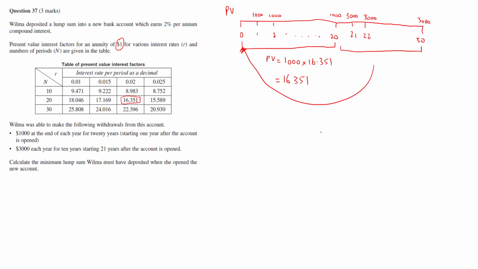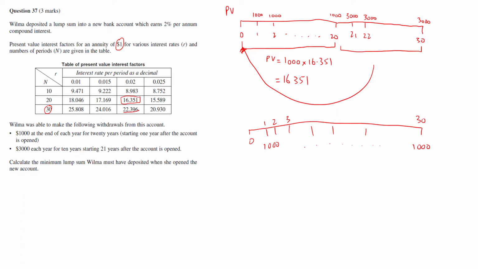To do that, if we use this 30-year value, 22.937, what it essentially is telling you is the present value at time 0 for $1,000 deposited all the way up to 30 years.